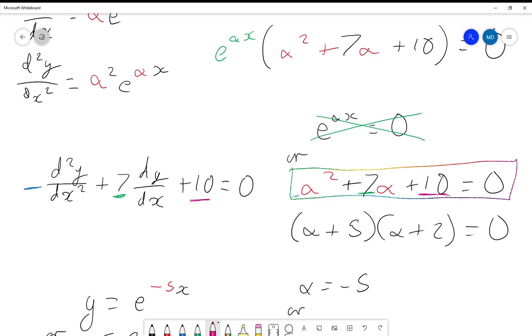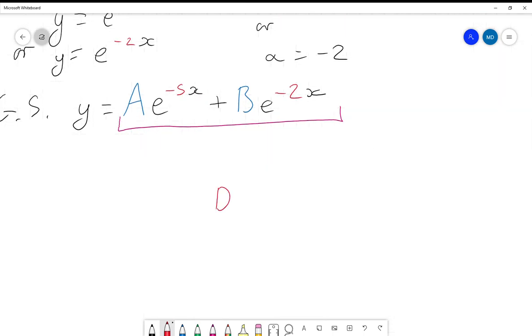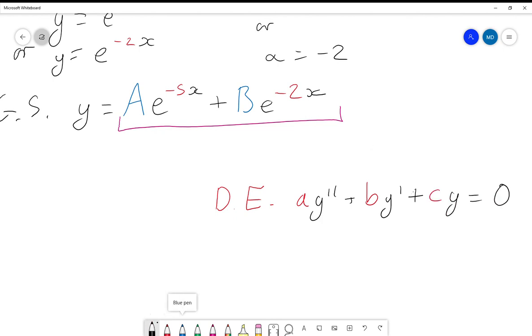So if you have a differential equation with a y double dash, that's the second derivative of y, plus b y dash, that's the first derivative of y, so dy by dx, plus c y equals 0, then it will always have auxiliary equation a alpha squared plus b alpha plus c equals 0.